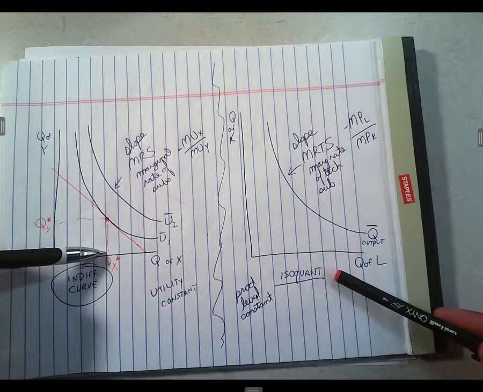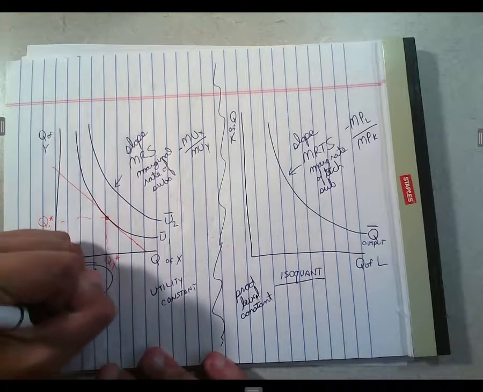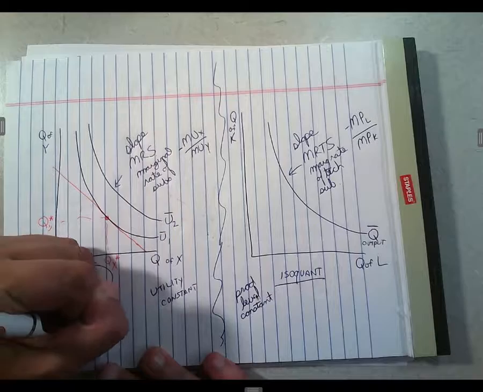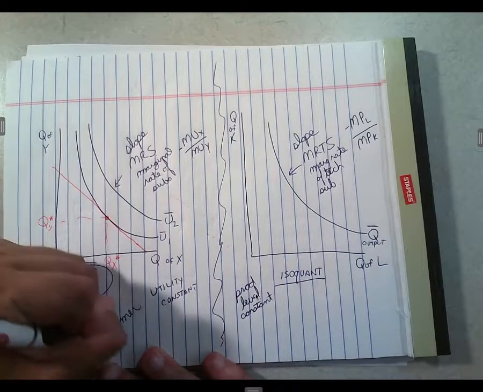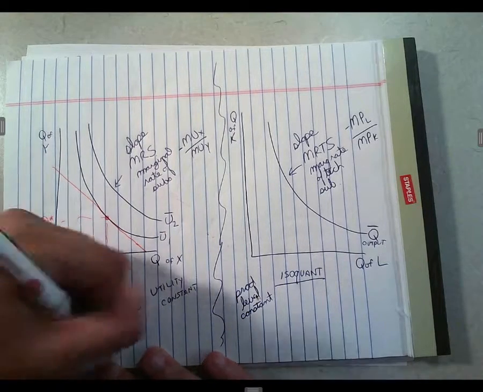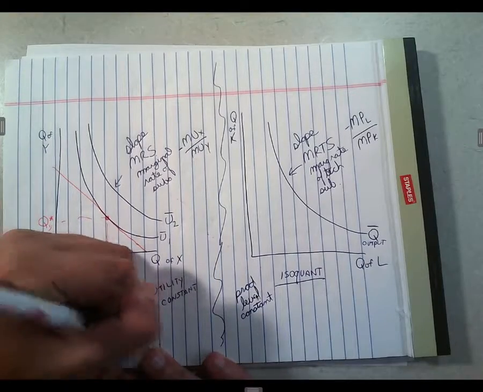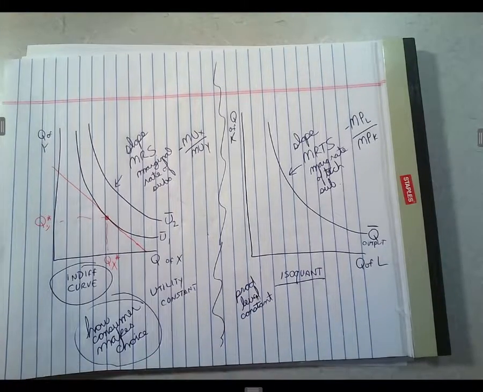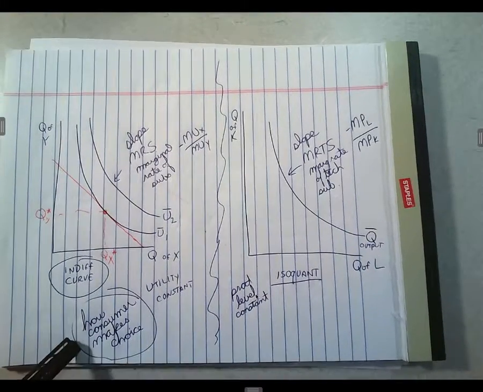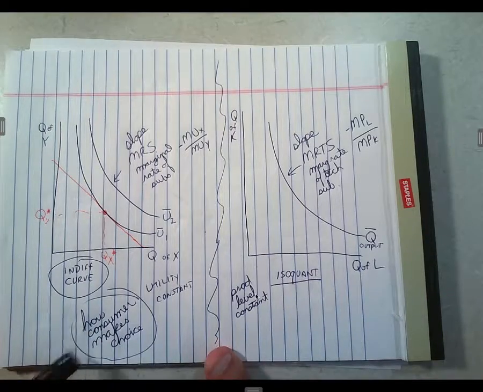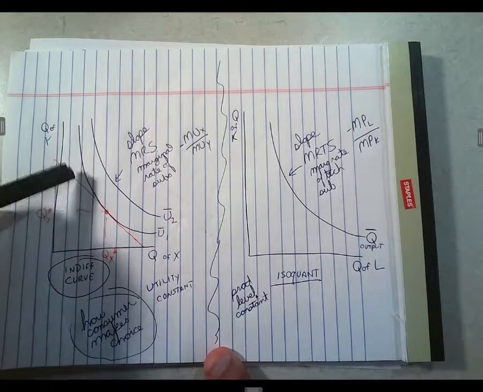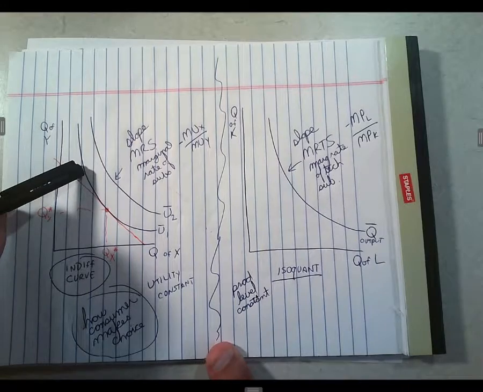Can you guess what the next thing I'm going to have to do here is? Right, the whole point of Chapter 4 is how does the consumer make a choice? They make a choice by setting their budget constraint just tangent to the indifference curve.